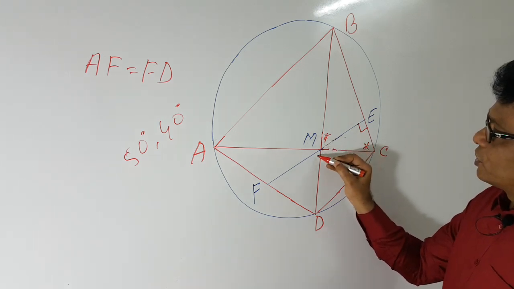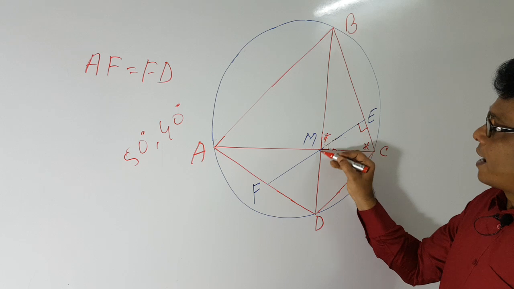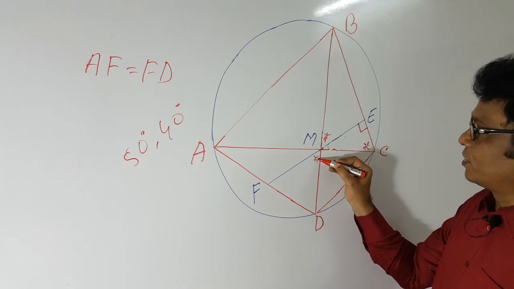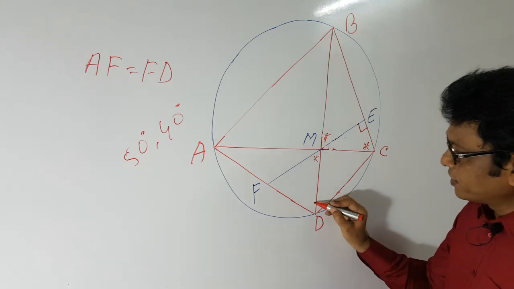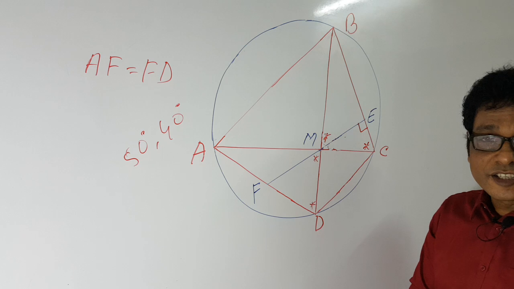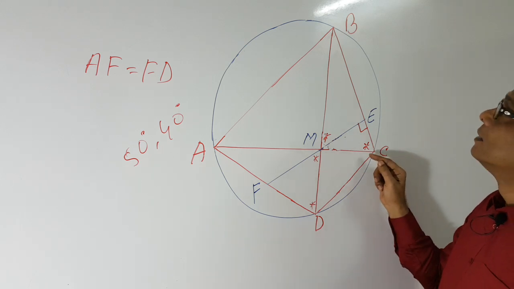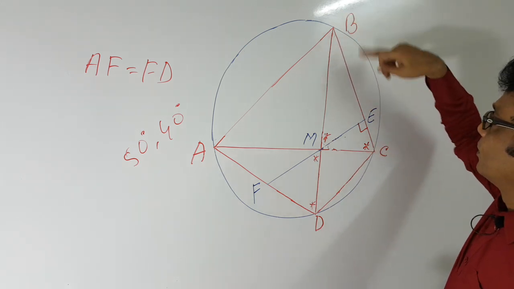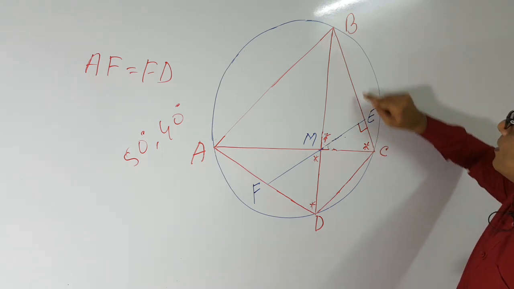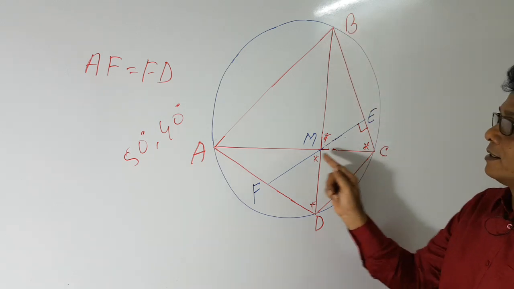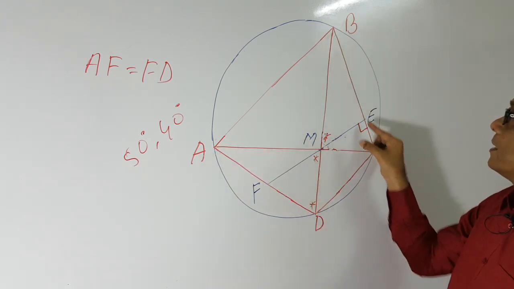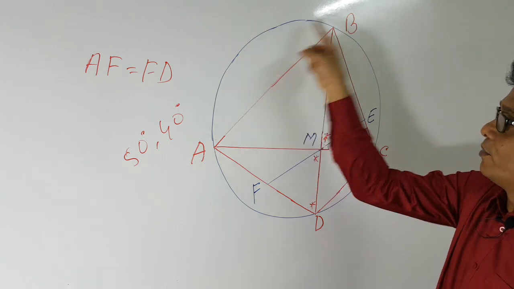Now this angle is vertically opposite of this. This angle and this angle stand on the same arc. Look at this figure. This angle, sides CB and CA, stand on arc AB.